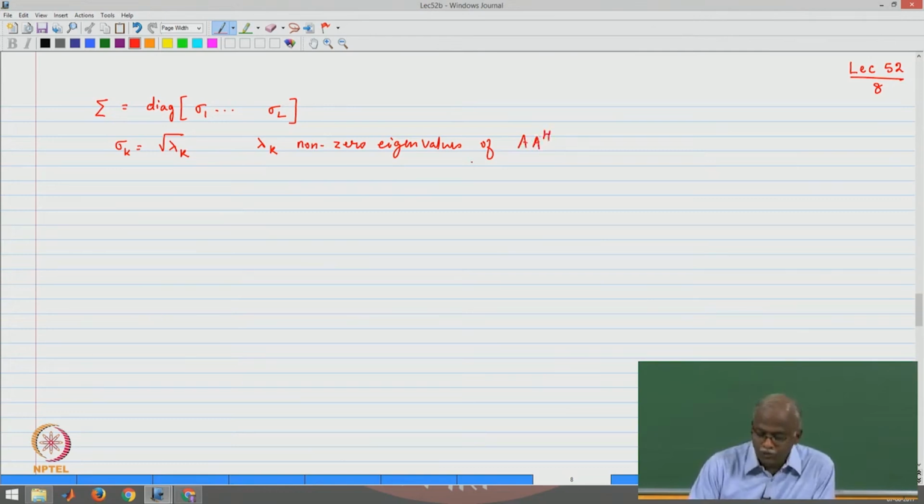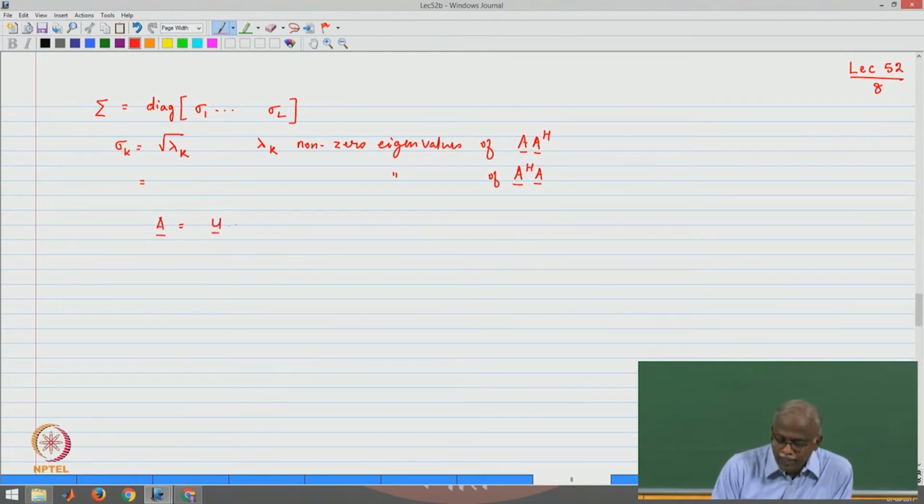It can also be related to the non-zero eigenvalues of A Hermitian A. Both of them have the same set of non-zero eigenvalues. What we have is that the matrix A can be written as U times sigma times V Hermitian, where U is an n cross n matrix, V is an m cross m matrix, and sigma is an n cross m matrix.